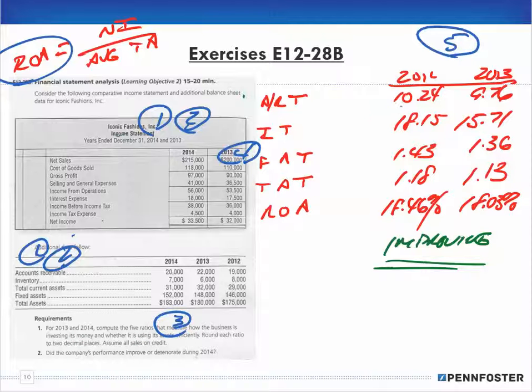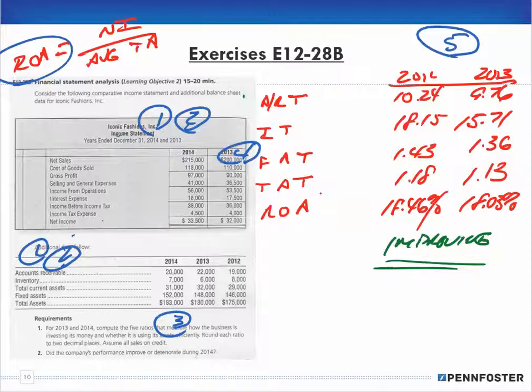It may not be as simple as this where everything goes up. Some are going to go up, some are going to go down, and you're going to have to think about the relationships between the different ones, okay, in order to be able to more fully answer that particular key question.